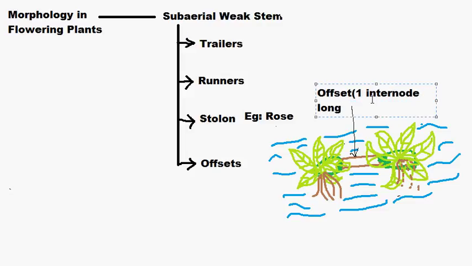Okay, and on the two ends of that there are plants. When they have to reproduce, this structure just breaks off as usually happens, and then maybe another structure develops and another plant grows from that structure. So that was the offset.